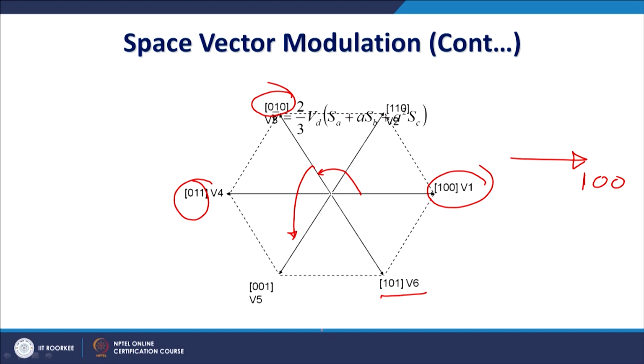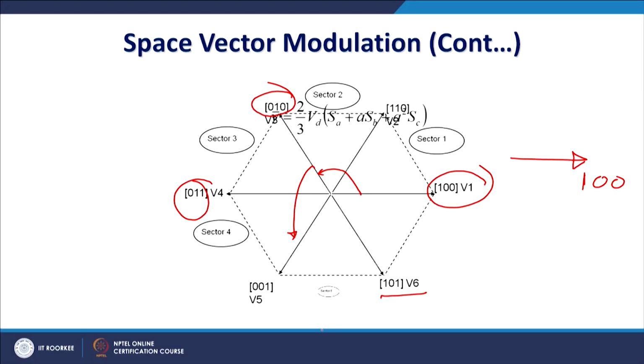Similarly, this will be minus C, which is 1 1 0. So these are the 6 voltage vectors that will generate all the desired voltages you require from the system. We will represent them in different sectors; the task of the controller is to identify the sector, then accordingly inject the required voltage vector to generate the desired output.